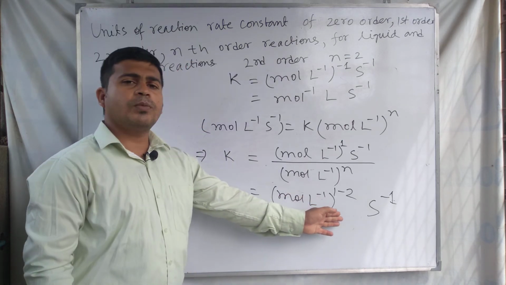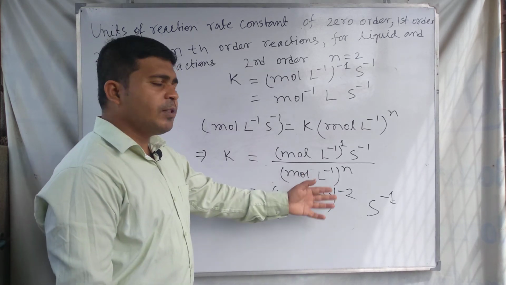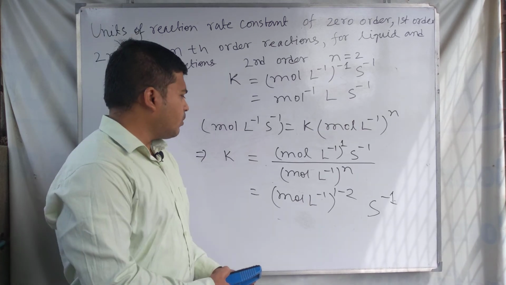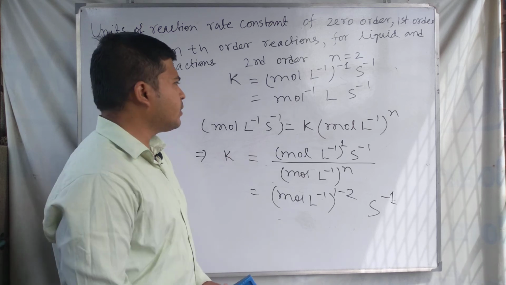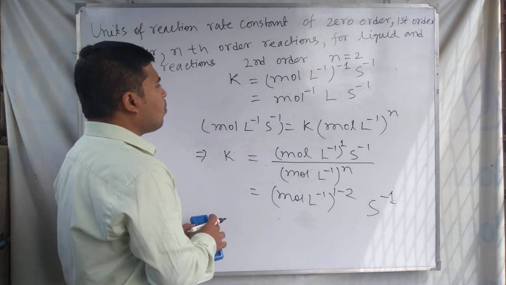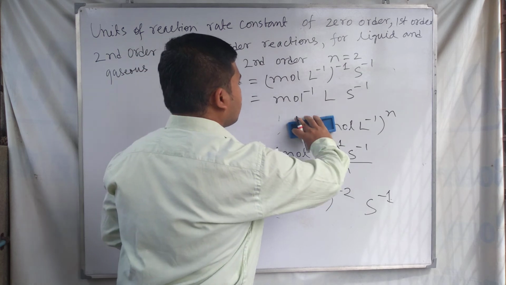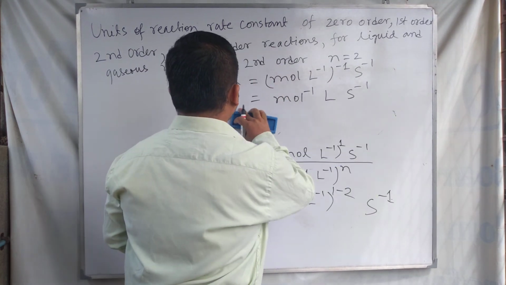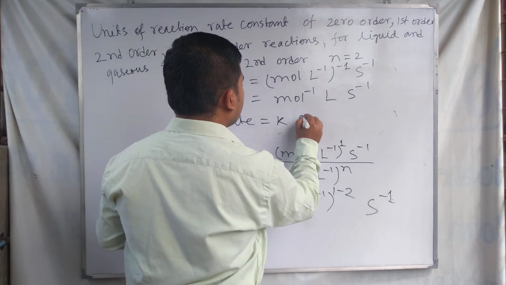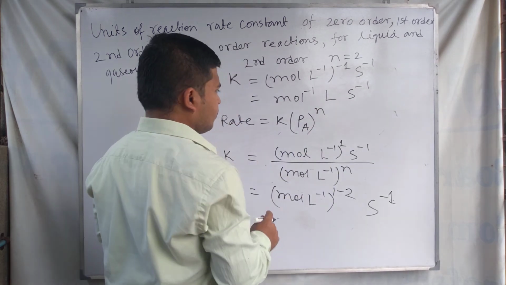You can find this unit from the general expression of the nth order reaction, the general expression to find out the unit of rate constant for nth order reaction. Similarly you can derive this unit for gaseous medium reactions. For gaseous medium reactions, rate equal to k into partial pressure of A to the power n.